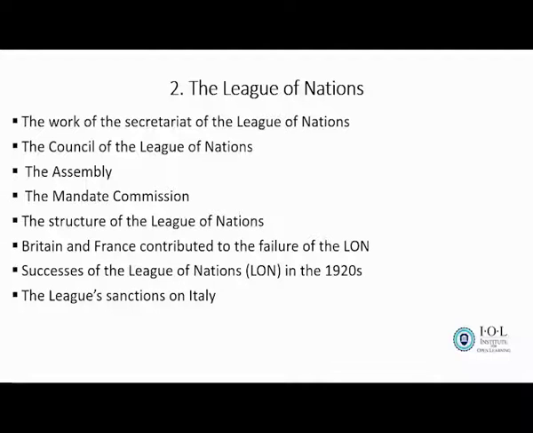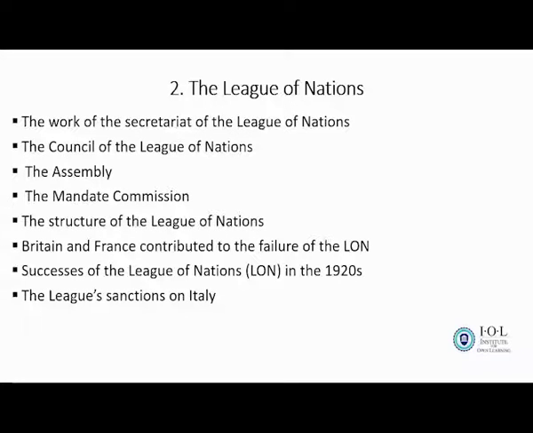These agencies of the League of Nations proved to be much more successful than its main bodies. The question that you should ask yourself is why. Because the main aim of the League was to stop countries from fighting or to bring peace in the world.